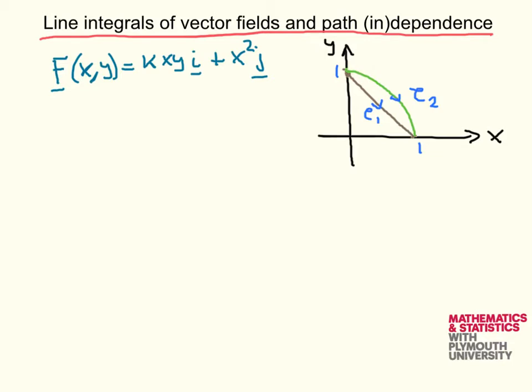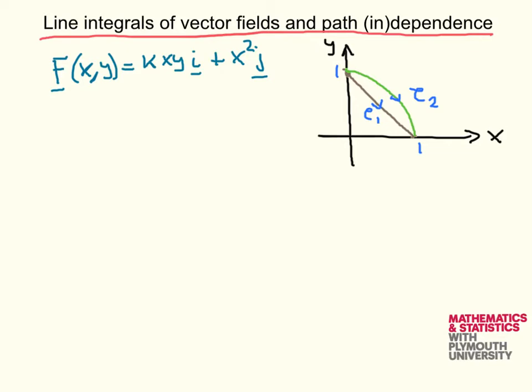So let's start off by writing down the general formula for the line integral of a vector field parameterized. Write down the parameterizations for each of these paths and calculate the line integrals.